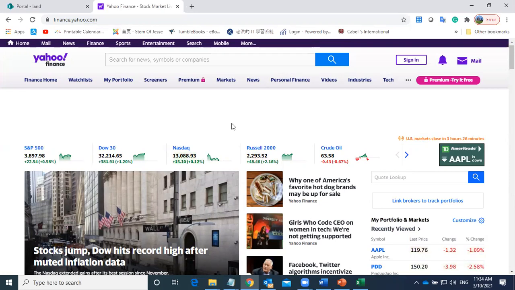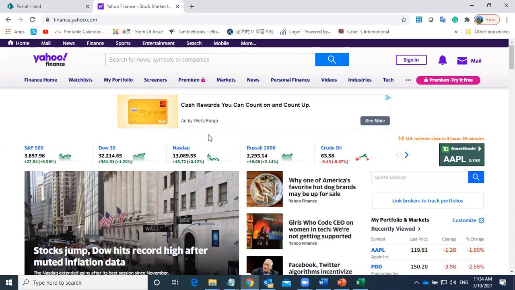So those are the three major indexes. For all other countries, every country has at least one major index to represent their market around the world. Okay, so that's the market.